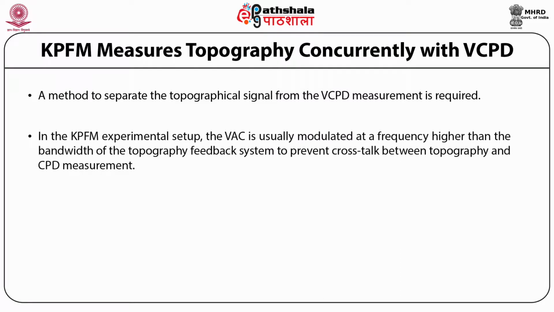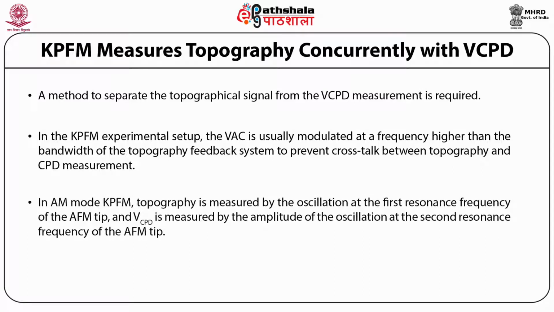In the KPFM experimental setup, the potential at alternating current is usually modulated at a frequency higher than the bandwidth of the topographic feedback system to prevent crosslink between topography and CPD measurements.